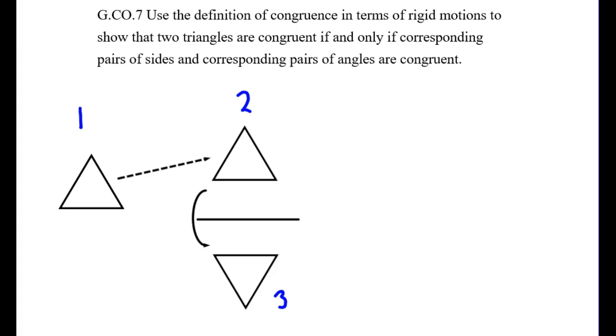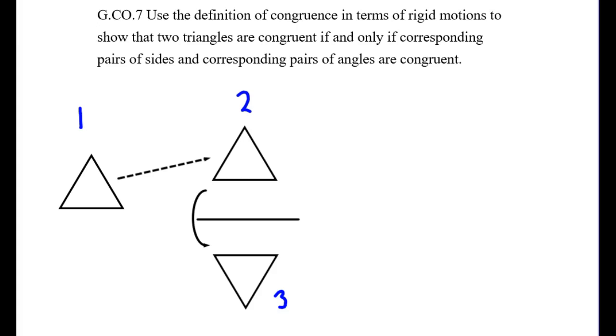We'll think back to when we were discussing rigid motions. A rigid motion preserves side lengths, those distances, as well as angles. So we can perform a translation, a rotation, and a reflection, and those shapes are not going to change size. They're still going to be congruent because we're not changing the angles or the side lengths.